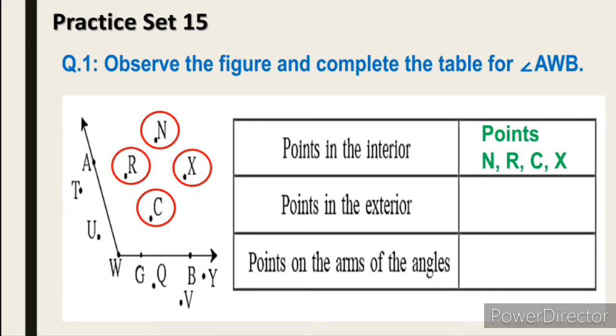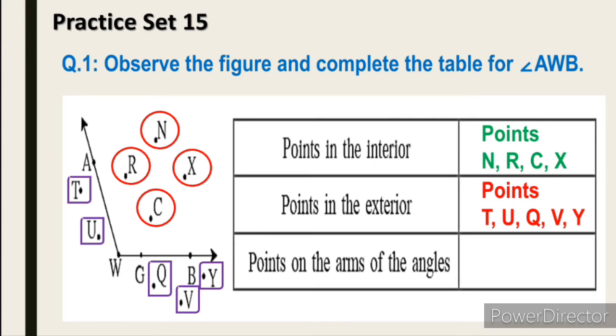Your second question is here, points in the exterior. So the points which are made outside the angle are T, U, Q, V, Y. You will see all the 5 points are made outside the angle. So points T, U, Q, V, Y are points in the exterior. Last question is points on the arms of the angle.